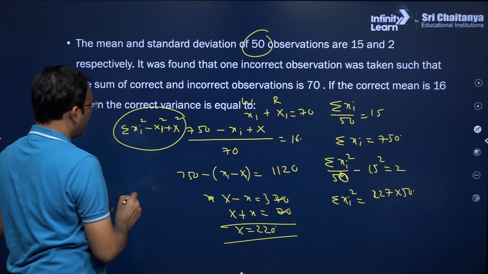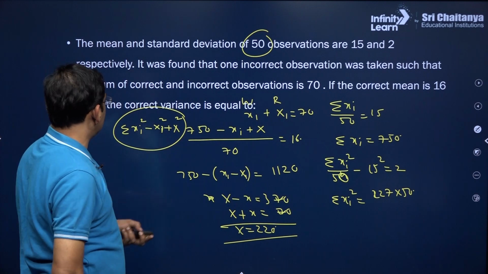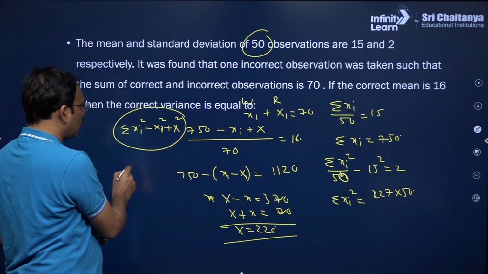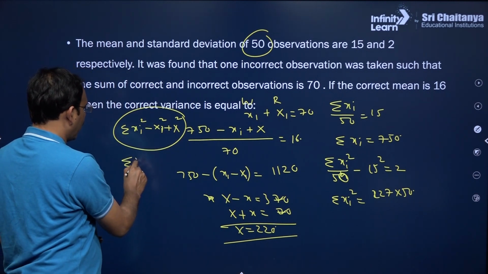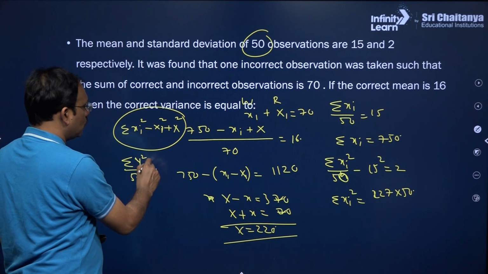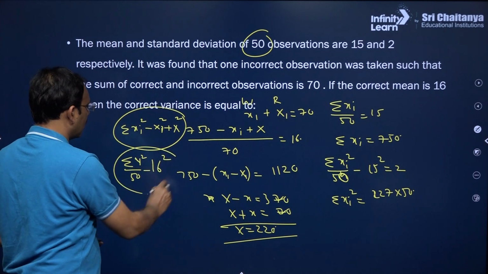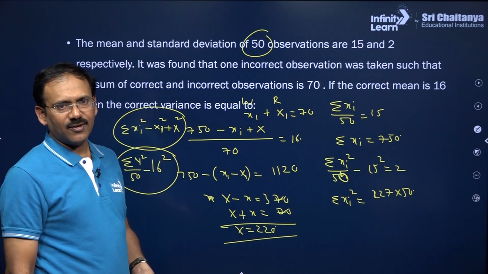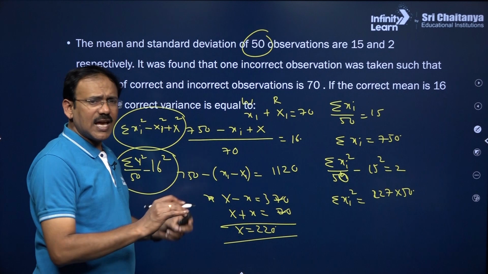Now, with this you can find the correct variance. This is going to be, say, sigma y square, suppose. Sigma y square by 50 minus new average 16 square is going to give you the answer, my dear friends. Okay, so this calculation will be there.